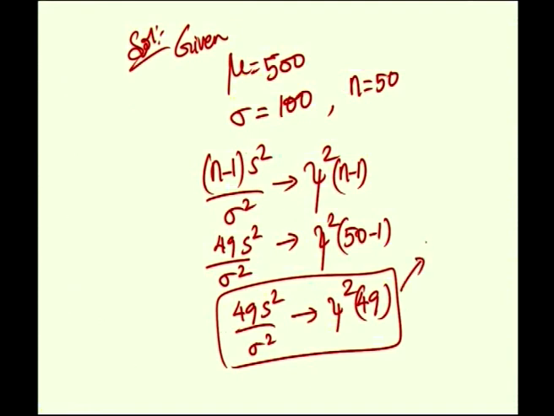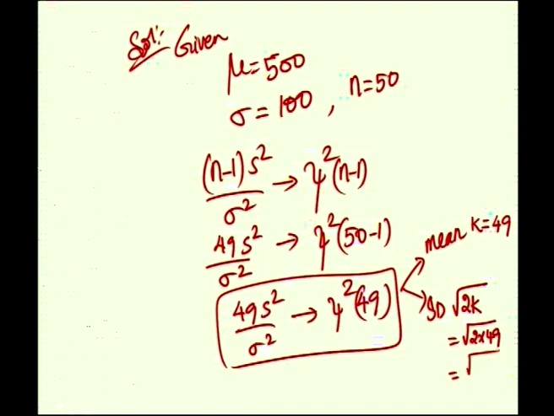Now, this chi-square random variable has mean k, where k is actually n minus 1, which is 49, and its standard deviation is root of 2k, which is equal to root of 2 into 49. It is actually root of 98.